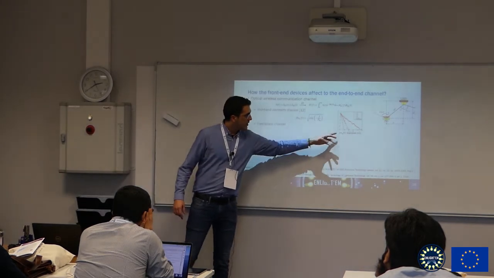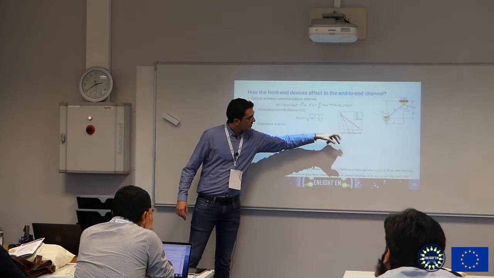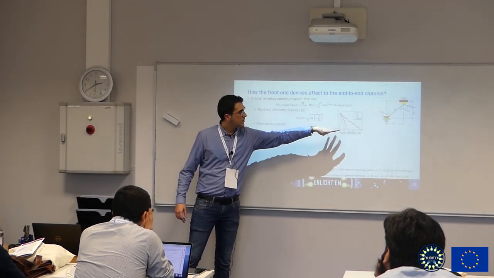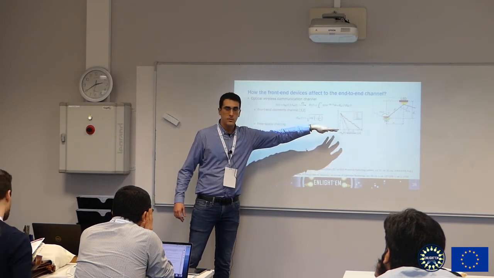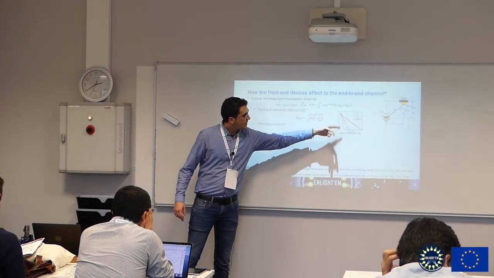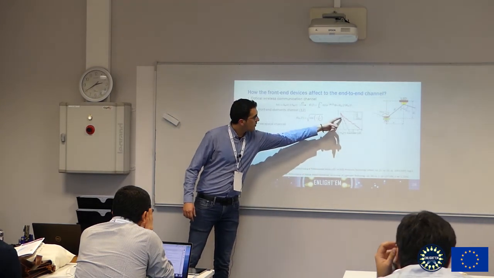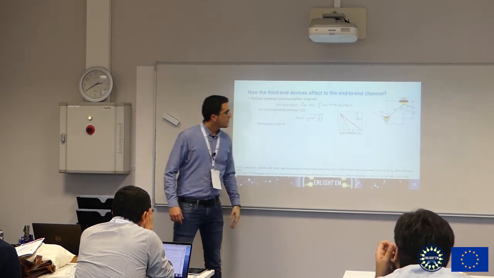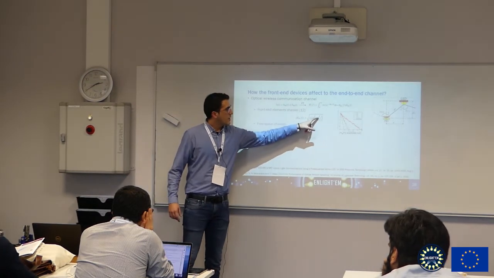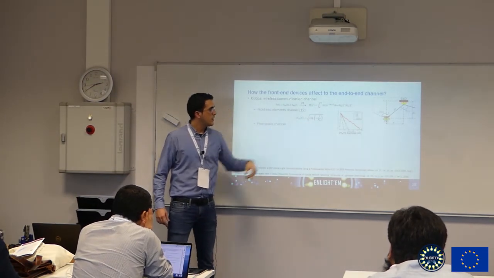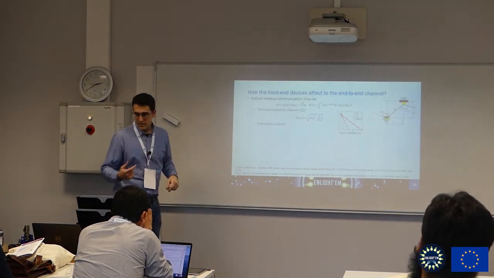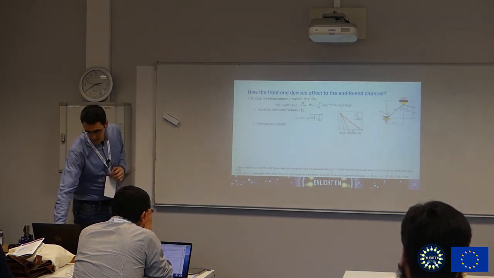Here I have included, thanks to this source, 4 models of front-end devices, and we can see that they are working as low-pass filters, with a 3 dB bandwidth of tens of megahertz. And it is characterized by this parameter here, which characterizes both front-end elements.